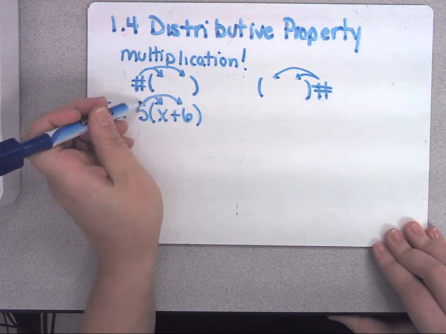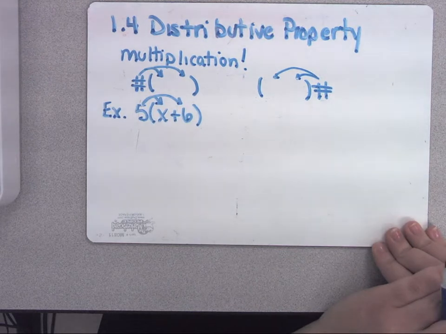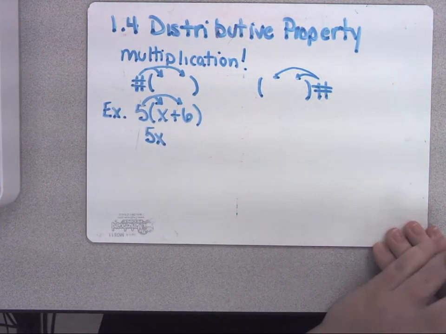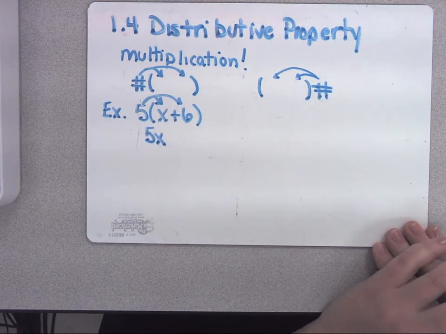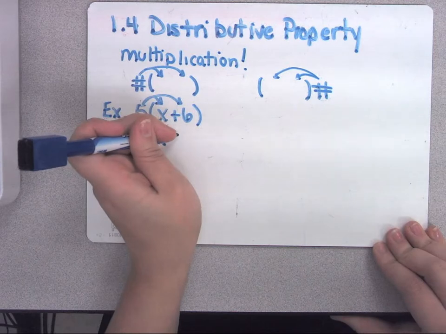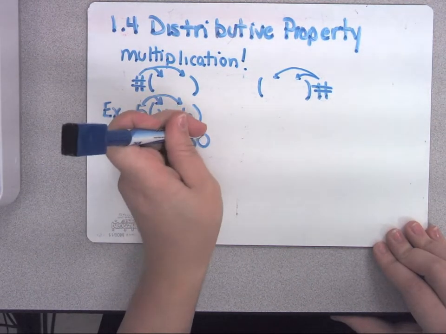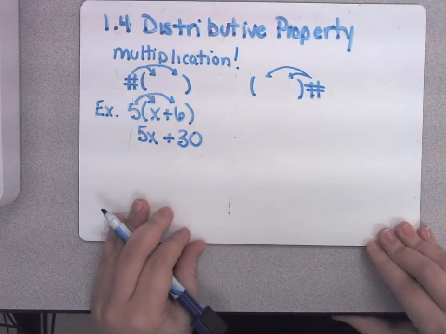So we're going to say, hey, 5 times x. Can we take 5 and actually multiply it by the letter x? No, so we leave it together, just 5x. And then 5 is positive, 6 is positive. What is 5 times 6? It is 30, right? And so since it's positive, we put plus 30. And that's it. Yes? Okay.